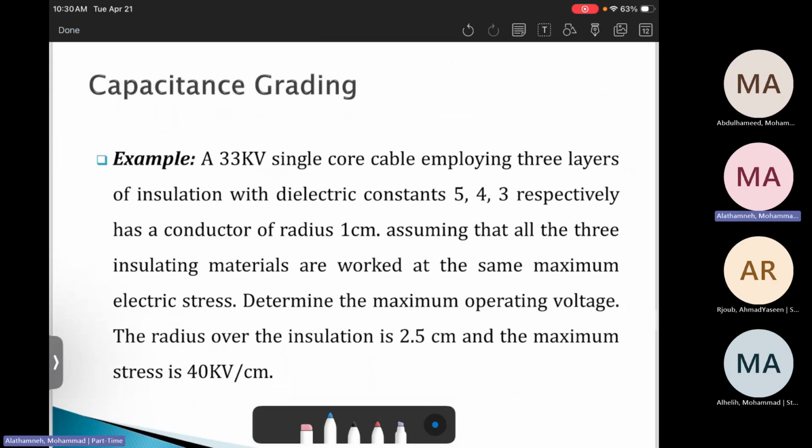Now let's look at this example. A 33 kilovolt single core cable employing 3 layers.